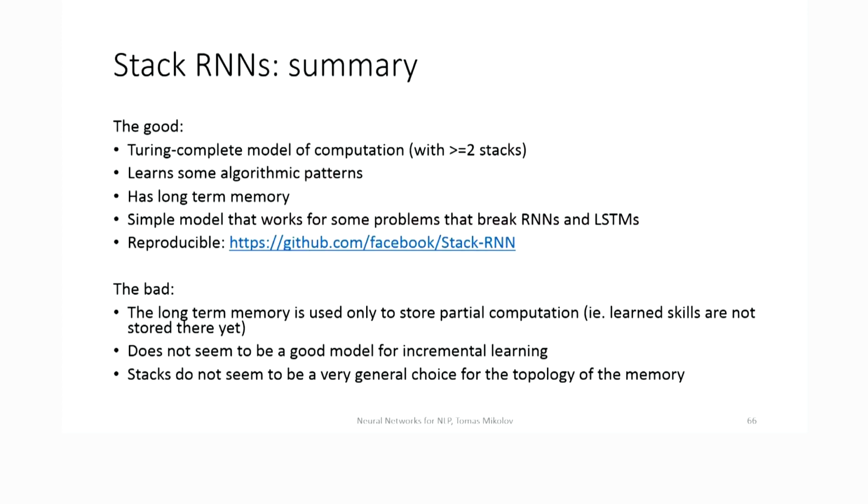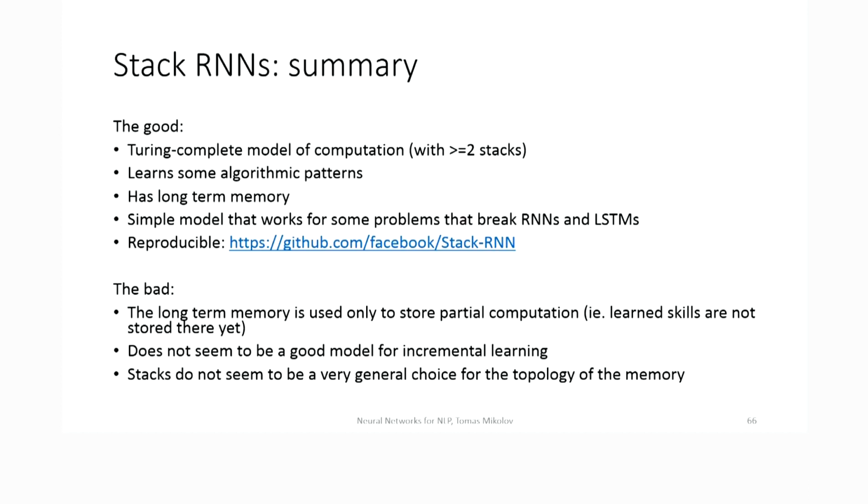Of course, there are good sides and bad sides of this model. The good ones are that from the theoretical point of view, the model is Turing complete as long as it has at least 2 stacks, so it can actually learn infinite length to represent any algorithm, which is what we were aiming for.